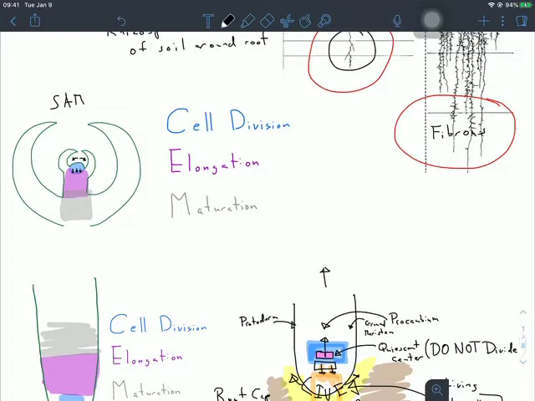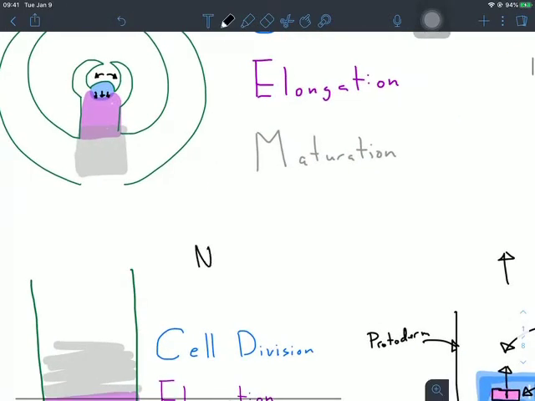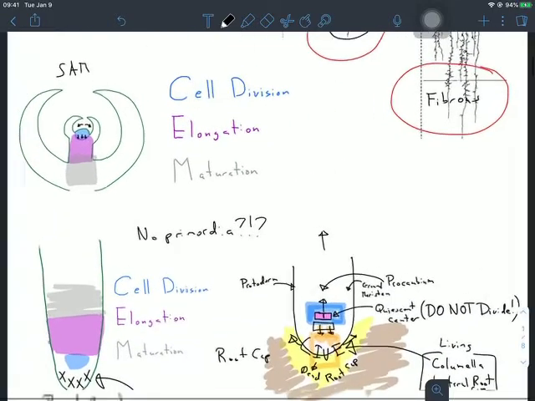You'll notice I didn't include any discussion of any primordia happening here at our root apical meristem. So you have no leaf or root primordia. So what takes its place? What is the root apical meristem doing that's different from our shoot apical meristem?